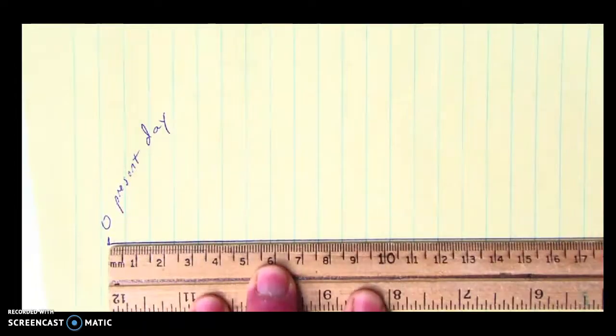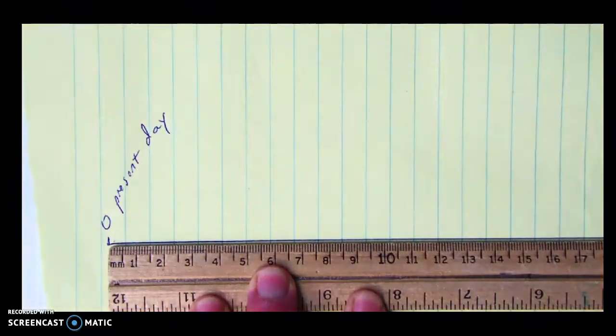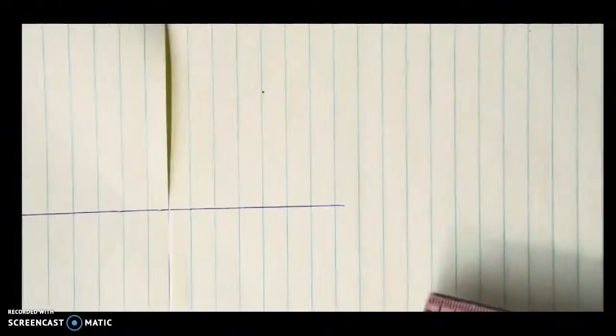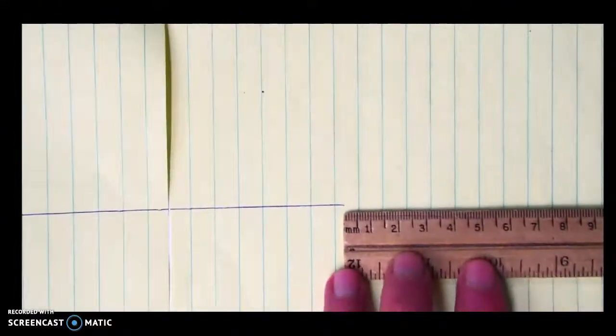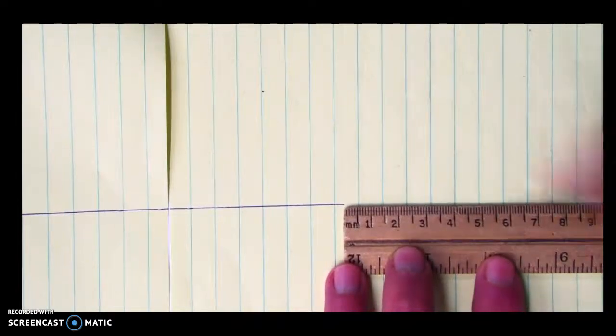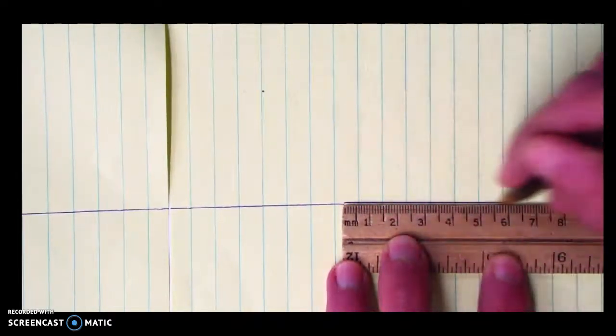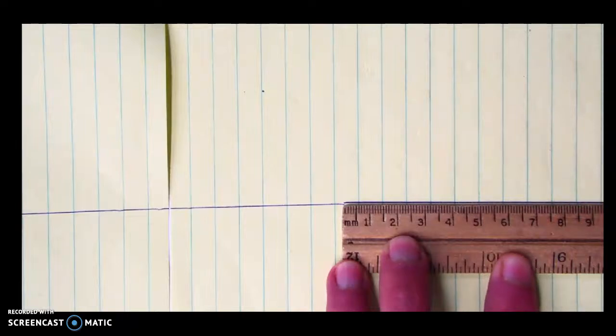There's 10, 20. I have 30 centimeters on my ruler going to the other end. We're going to go 46. So that's 30. There's 40. And now I'm going to add 6.